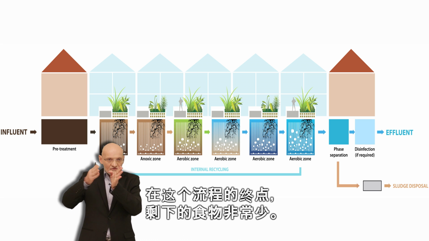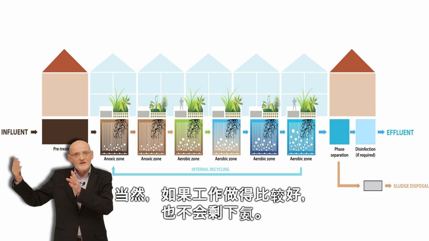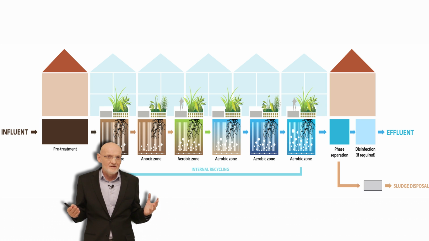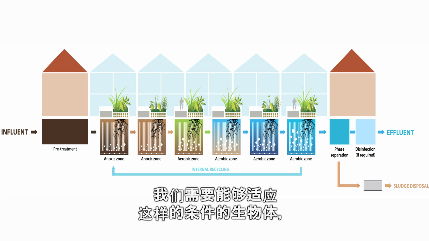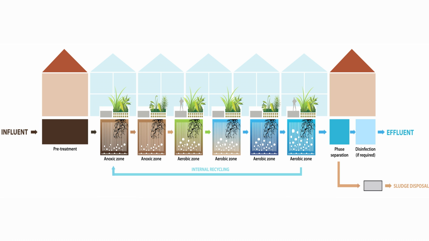And as the water goes from one tank to the other and reaches the other end of the train, there is very little food left. And of course, there's no ammonia left if you do a good job. But when you have very little food left, you need organisms that are adapted to those conditions so they can screen out the tiny little percentages that are left in the last reactor.